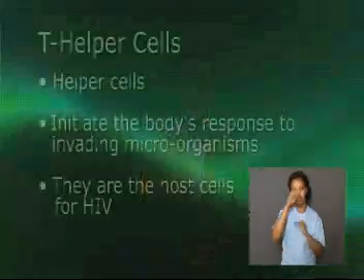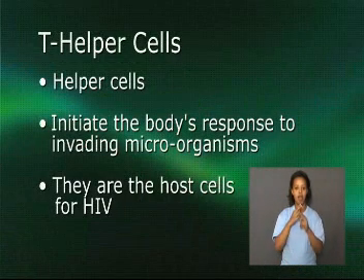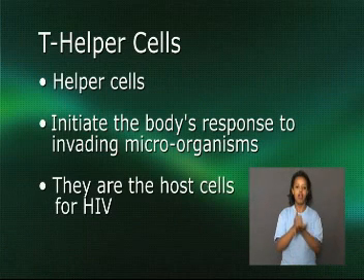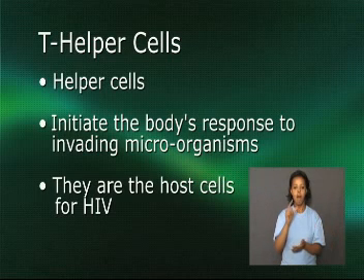Hello again, everyone. I hope you were able to recall some of the information we previously learned. T helper cells are helper cells. They initiate the body's response to invading microorganisms such as viruses.